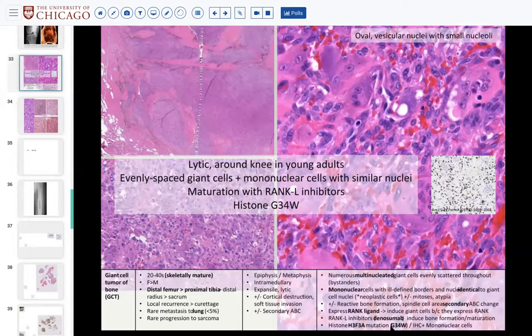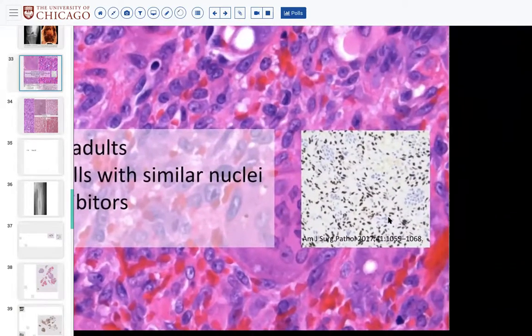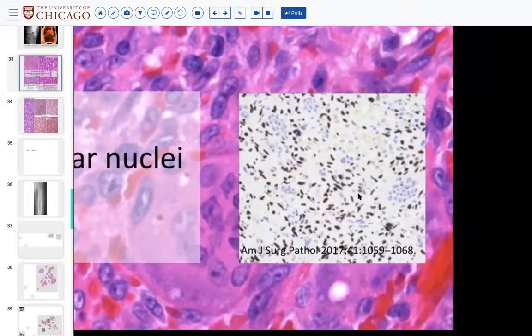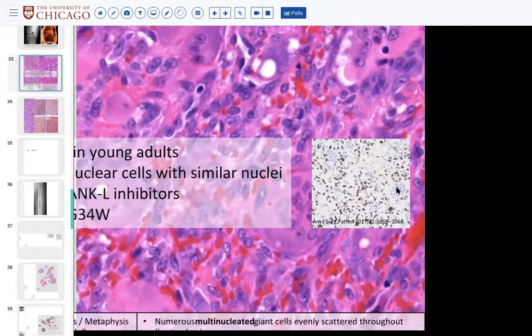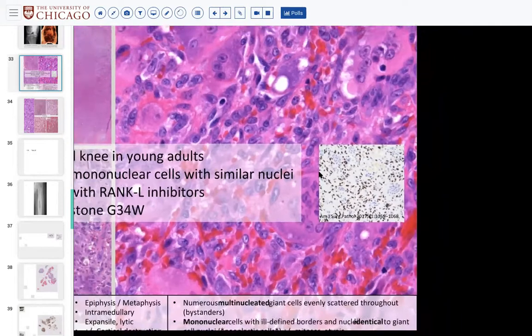In this case it's the G34W, which is also a nuclear test, also a send-out to Mayo. I thought this case was nice because you can see that the background mononuclear cells are the ones that have the nuclear expression, and the giant cells are negative, right? So the giant cells do not maintain this histone mutation, again confirming that they are not the neoplastic cells.